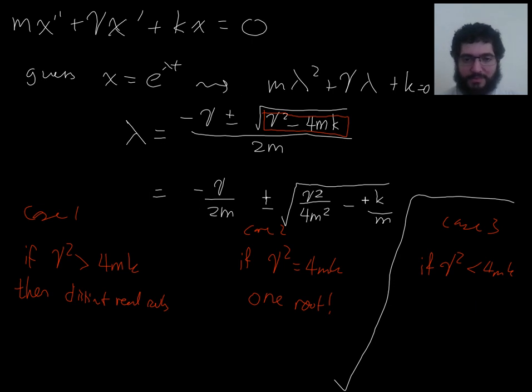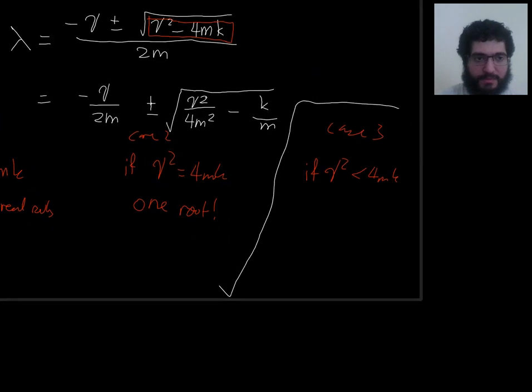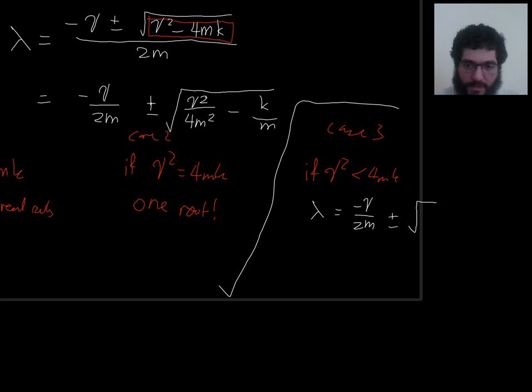Maybe I'll stick with this. Let me make some room to work this out over here. If gamma squared is less than 4mk, then lambda is negative gamma over 2m, so I'm copying from over here, plus or minus.